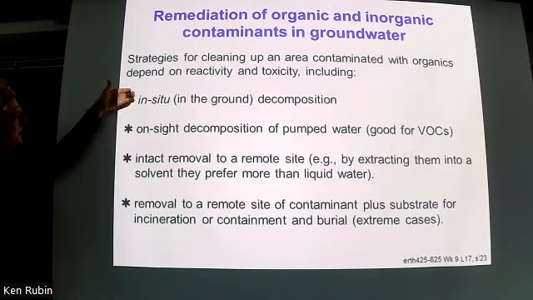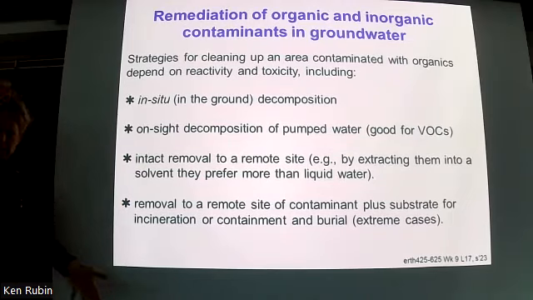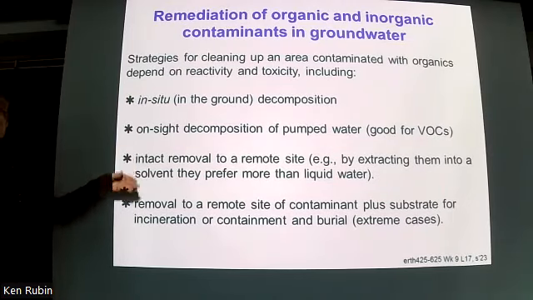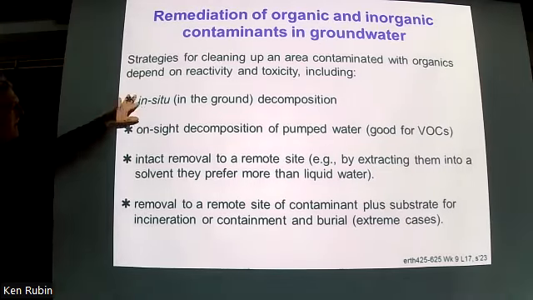Each one of these can have its benefits or its downsides depending on the site and the contamination, but also they cost different amounts. Right? And so sometimes, even though you know something is the gold standard, if you don't have the money available to fully clean up the site using the gold standard, you try one of these other methods first and see what you can get. So these are kind of 4 general categories.